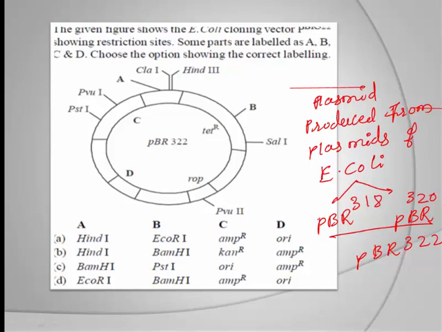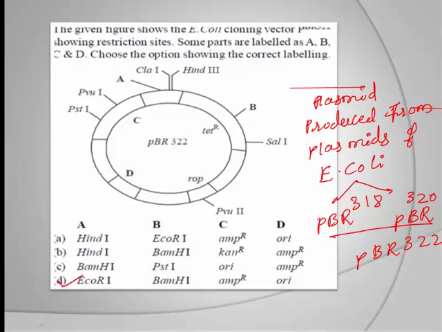Here in the asked question, some parts are labeled as A, B, C, D. Choose the option showing the correct labeling. We must identify what A, B, C and D are.